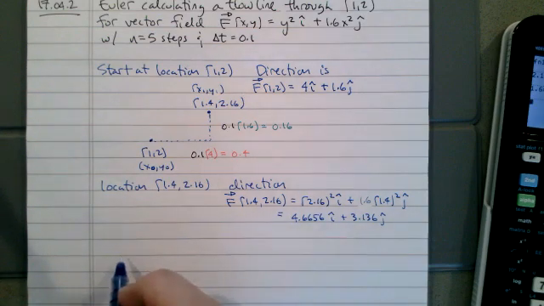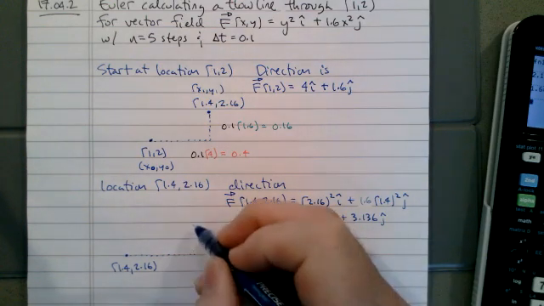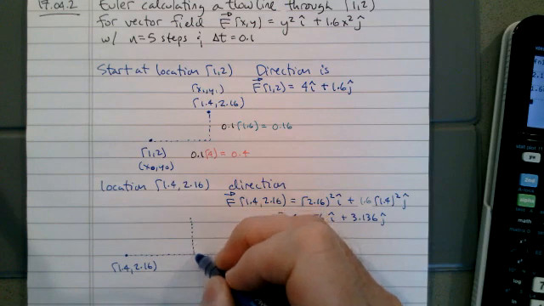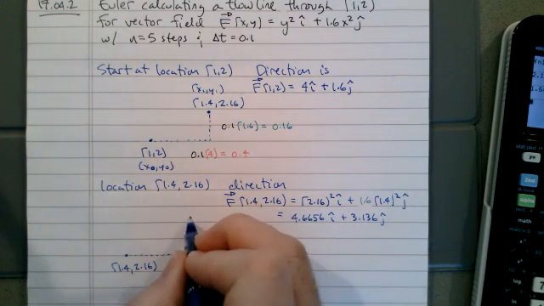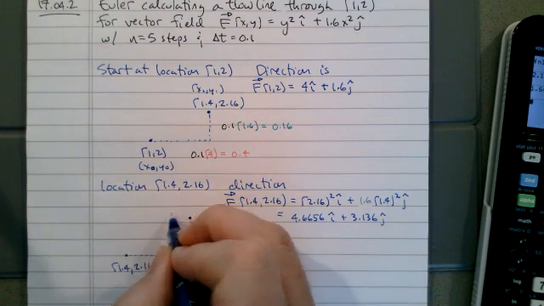So now we're at the point 1.4 and 2.16, and we recalculated our direction. So it's going to go 4.6656 in the i direction and 3.136 in the j direction. And that's going to be my point x2, y2.